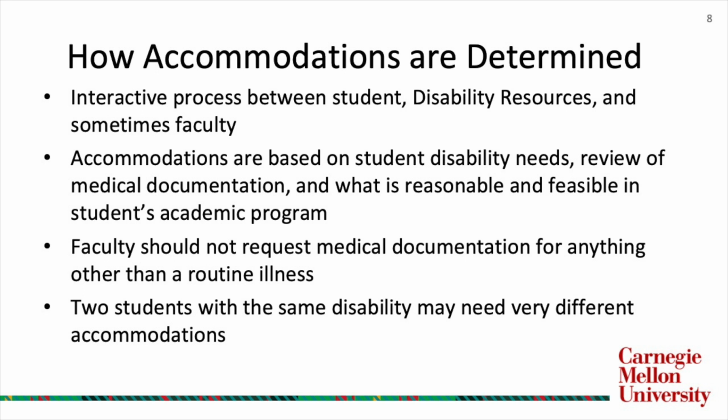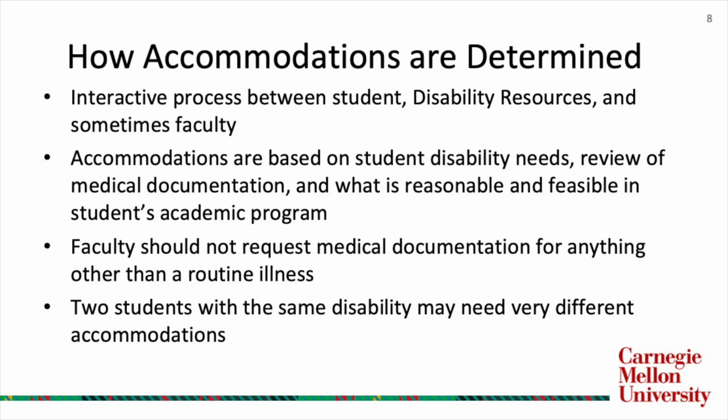For example, if a student needs to turn in their term papers, let's say up to 5 days late because of their disability, that may be possible in one class, but it might not be possible in a class where homework assignments are turned in weekly and the professor posts the solutions so that students can study for weekly quizzes.